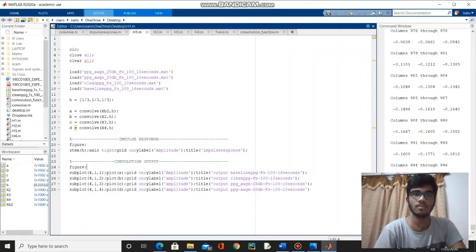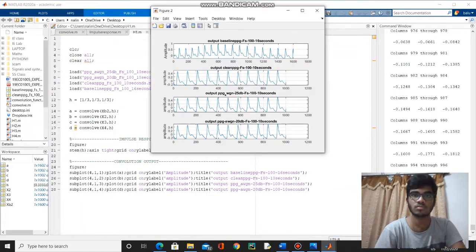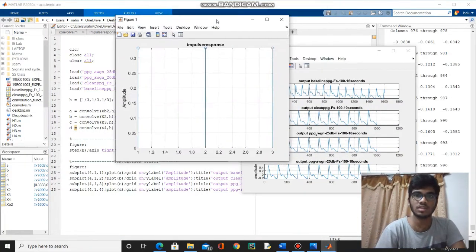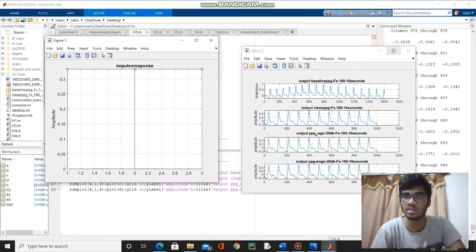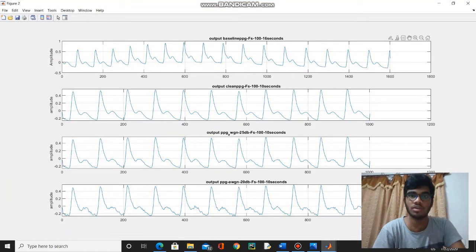If we run the program, this is the impulse response of the system, and for the input 1 comma 2 comma 3 the output is 1 by 3 comma 1 by 3 comma 1 by 3 comma 1 by 3, and this is the convolution output of the first system.